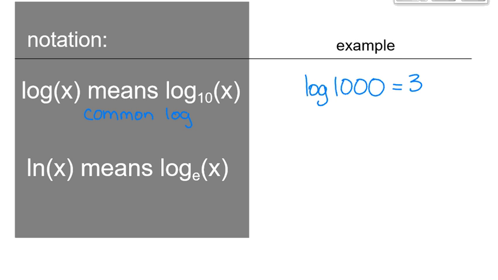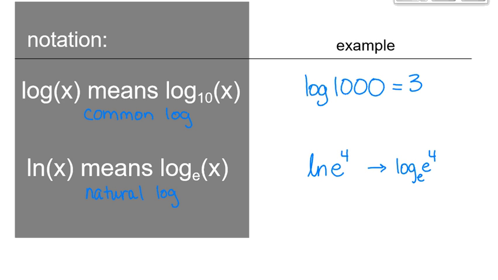And if you see ln of x, or natural log of x, it's equivalent to saying log base e of x. That's known as the natural log. We have common log and natural log. So if you saw a natural log of e to the fourth, even though it's not showing like this, you would think that it's saying log base e of e to the fourth.